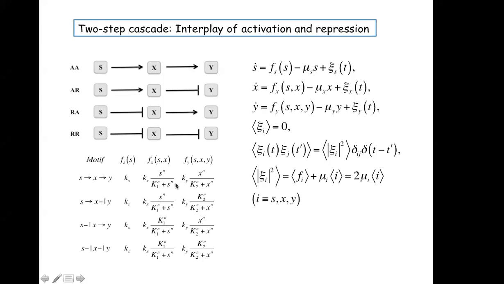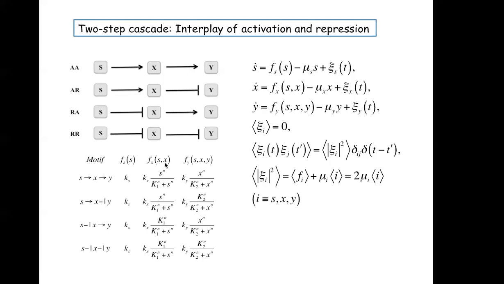And those who have studied a little bit of biochemistry, I think nowadays they teach it at undergrad level in a common chemistry course. So basically, N is the Hill coefficient, which represents the cooperativity.